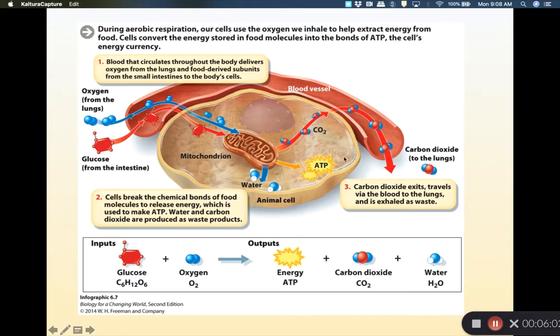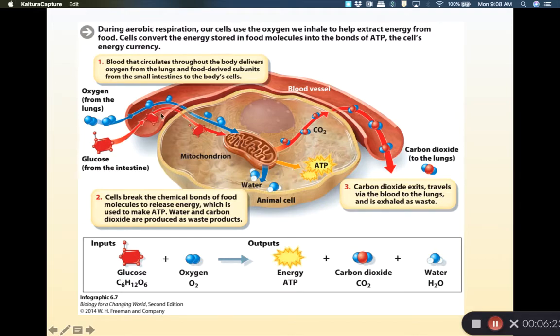We're going to spend a lot of time going through this image, but for right now, I want you to understand where we are in the process of the body extracting energy from food.